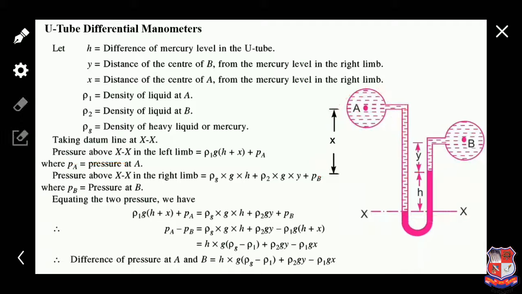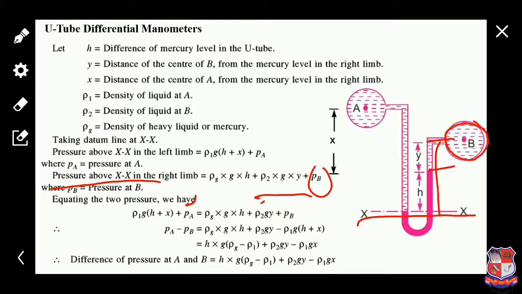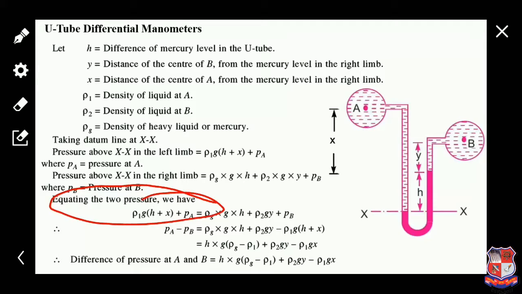Now the pressure above the XX line in the right limb: first the pressure inside pipe B, and the pressure due to the column of flowing liquid in pipe B, rho 2 g Y, and the pressure due to the heavy liquid column, rho g g H. Now we compare the pressure of the left and right limbs of the manometer in equilibrium condition.